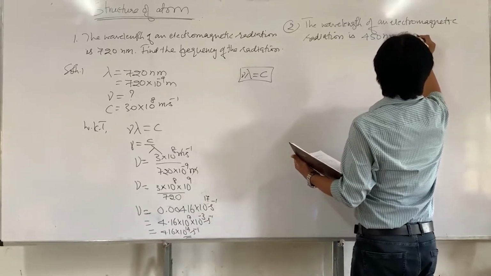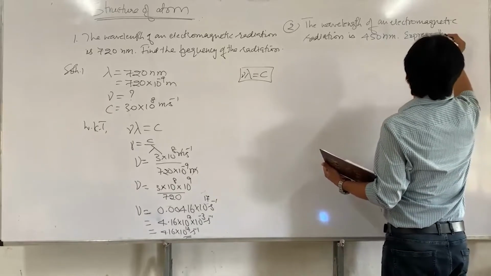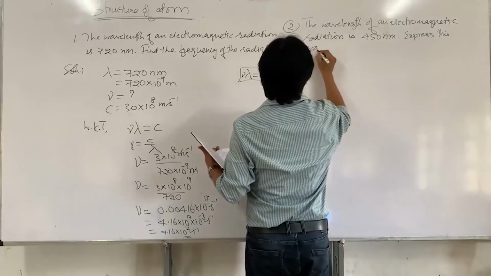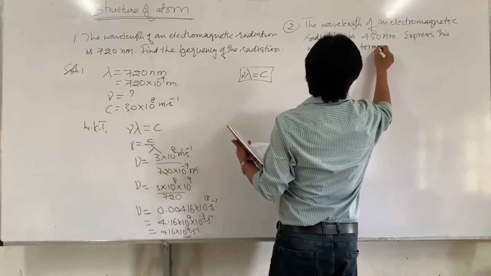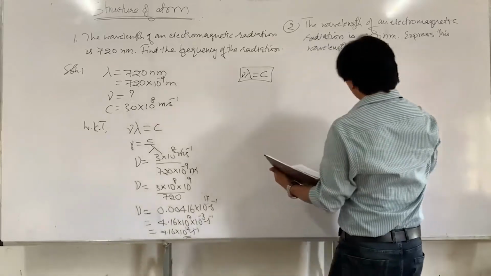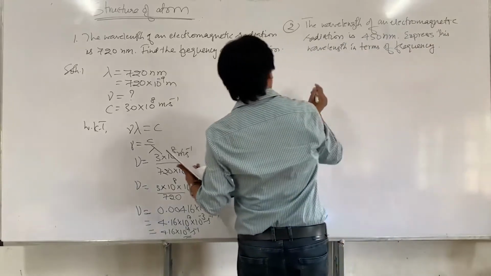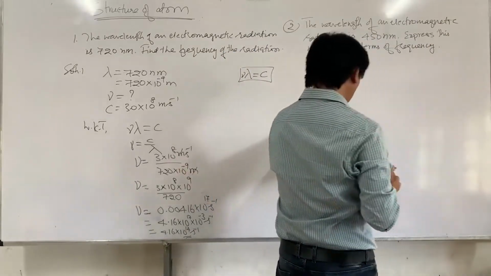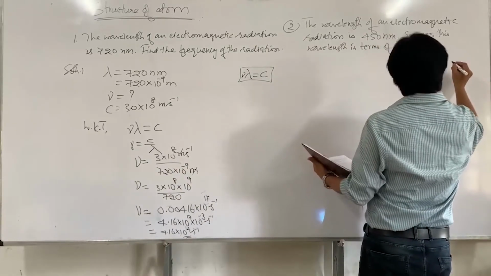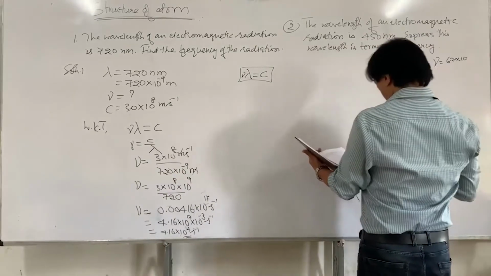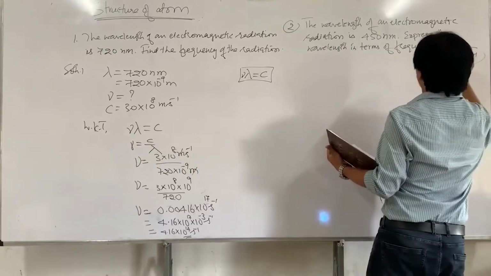Now find or express this wavelength in terms of frequency. So you know how to write this. And the final answer here, if I'm not wrong, the frequency here is 6.7 into 10 raised to the power positive 14 hertz. This should be the answer.